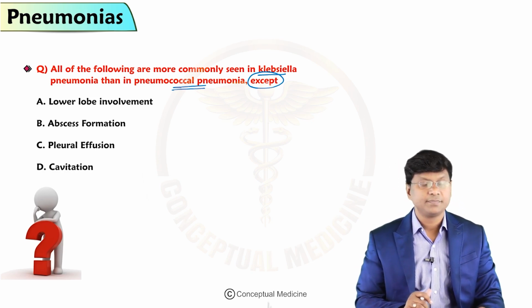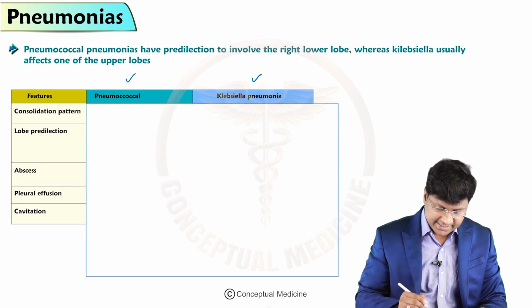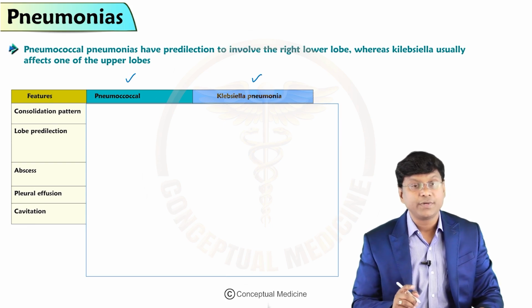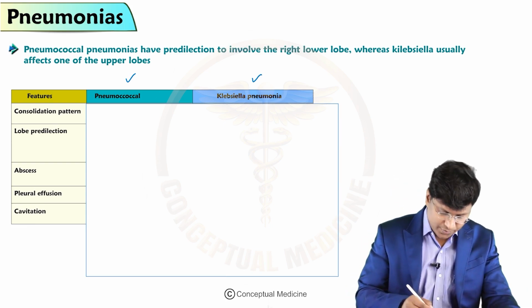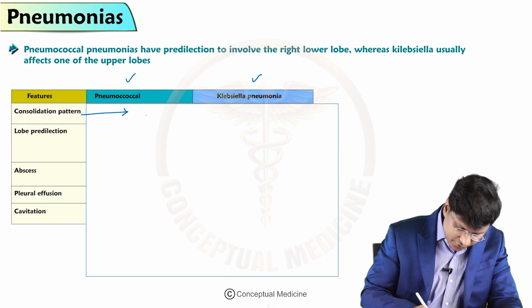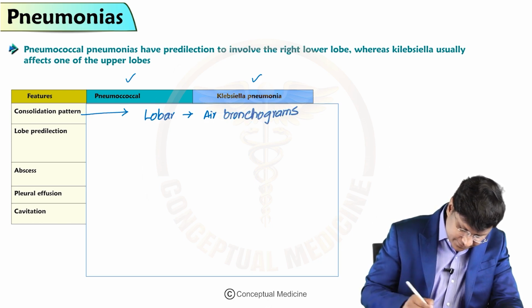Now let me take up the differences between pneumococcal pneumonia and Klebsiella pneumonia. You take the consolidation pattern. In both of them, you have the presence of lobar consolidation, right? And in both of them, you have the presence of air bronchograms.